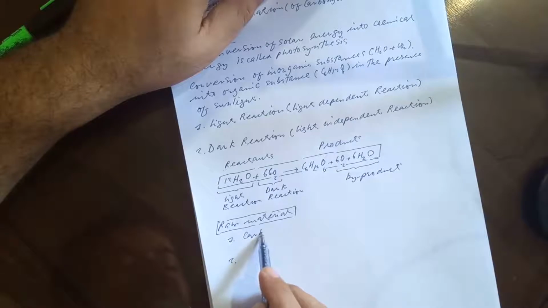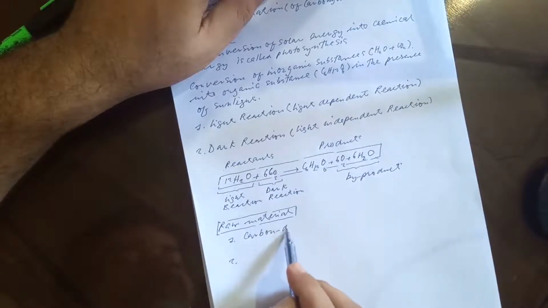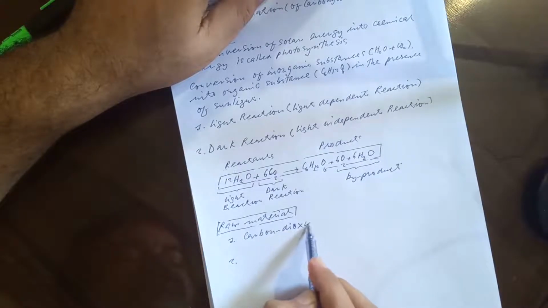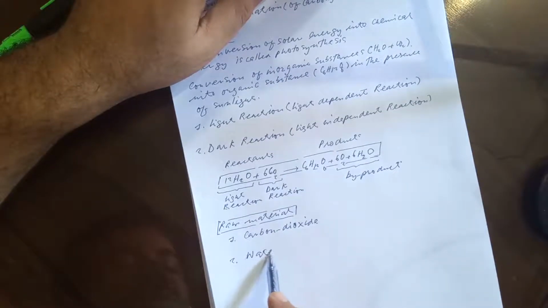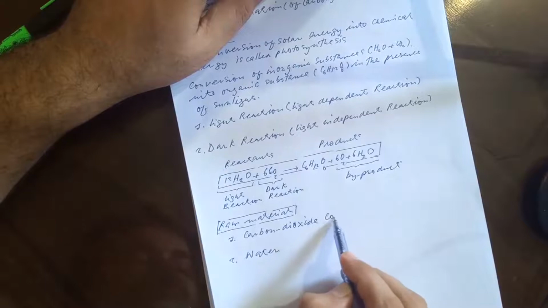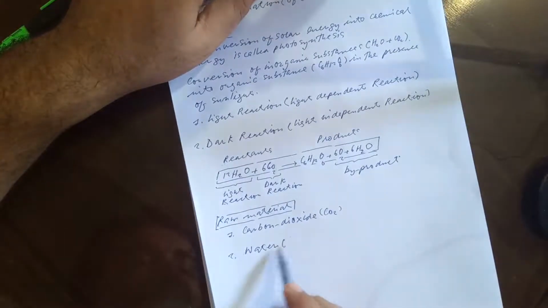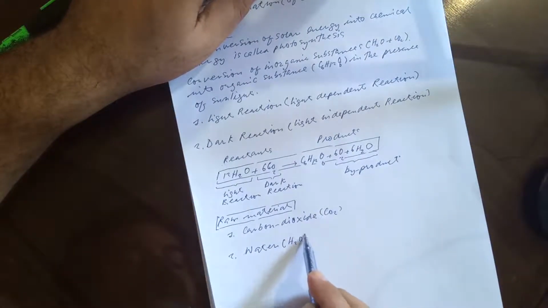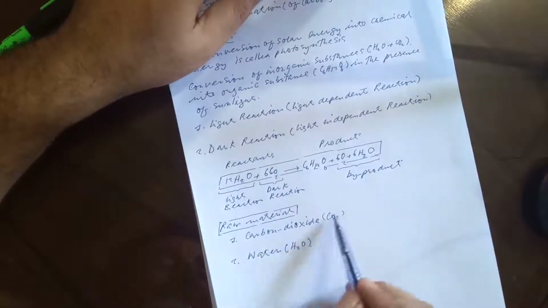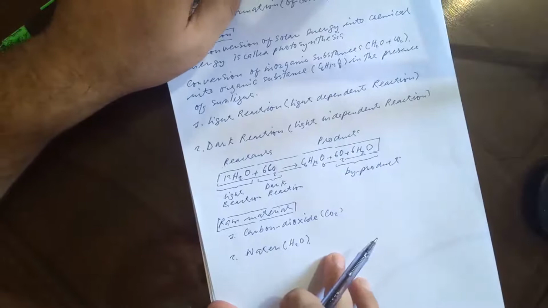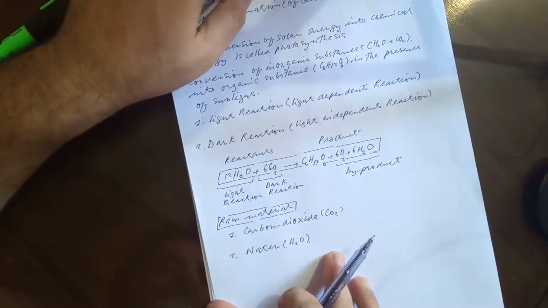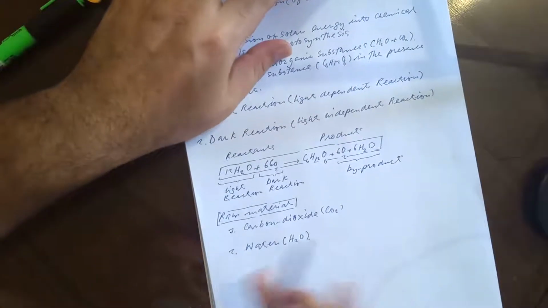One is carbon dioxide, and water is the other. CO2 is a raw material, and H2O is a raw material. So these are the 2 things that we must have before we proceed with photosynthesis. I hope we are making sense.